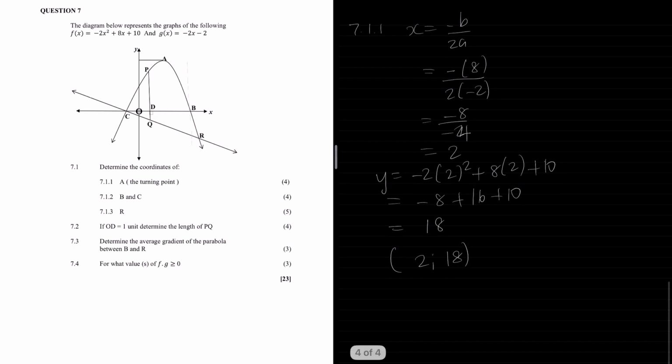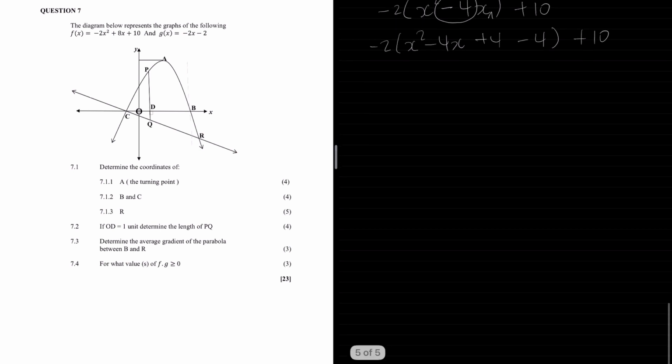Of course, the other method would be to complete the square. You'll take out negative 2 as a factor. You'll be left with x squared minus 4x. You close the bracket and then add 10. Now in this bracket, you want to add and subtract half of this negative 4 and then square it.